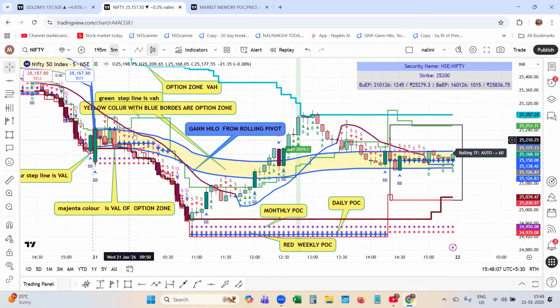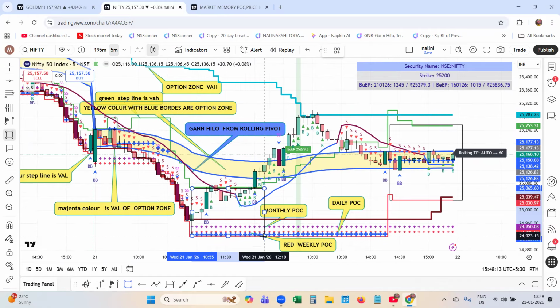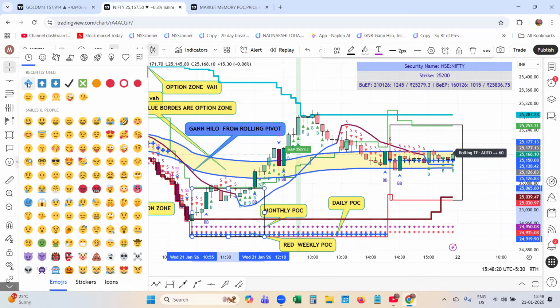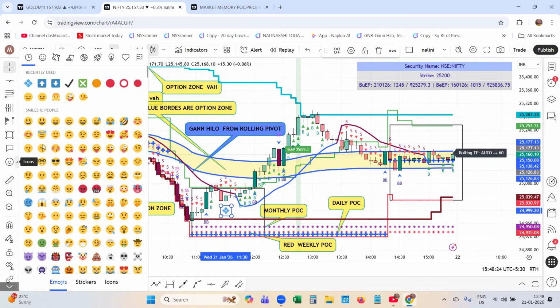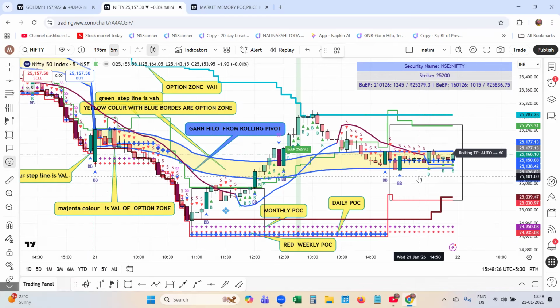It was trading down, and the value area was here, and the price moved to the top. Let me mark it with something you can see. This is one block, and this is the value. The value has been shifted higher, indicating positivity in the market.